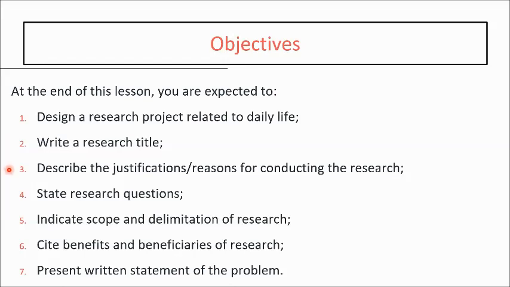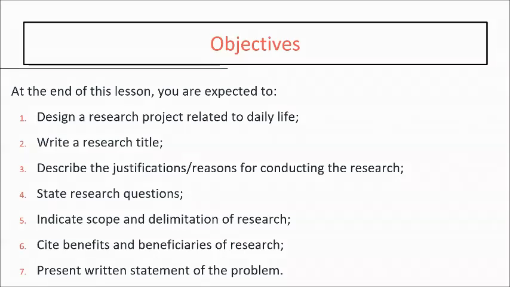We will describe the justifications or reasons for conducting the research. State research questions. Indicate scope and the limitation of research. Cite the benefits and also the beneficiaries of research. And we will present a written statement of the problem. So we will discuss them one by one. Let's start. Are you ready?